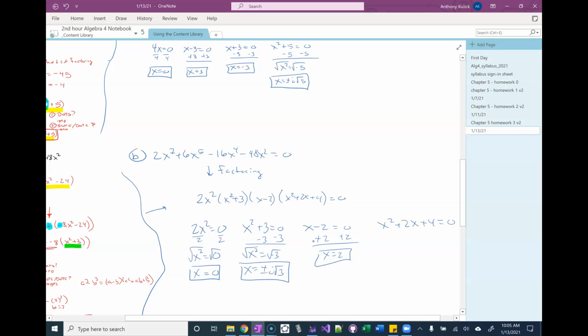Now x squared plus 2x plus 4, I cannot solve directly because it has both x's and x squareds. For this one, I have to use the quadratic formula, which again is x equals negative b plus or minus the square root of b squared minus 4ac, all over 2a, if you didn't remember.